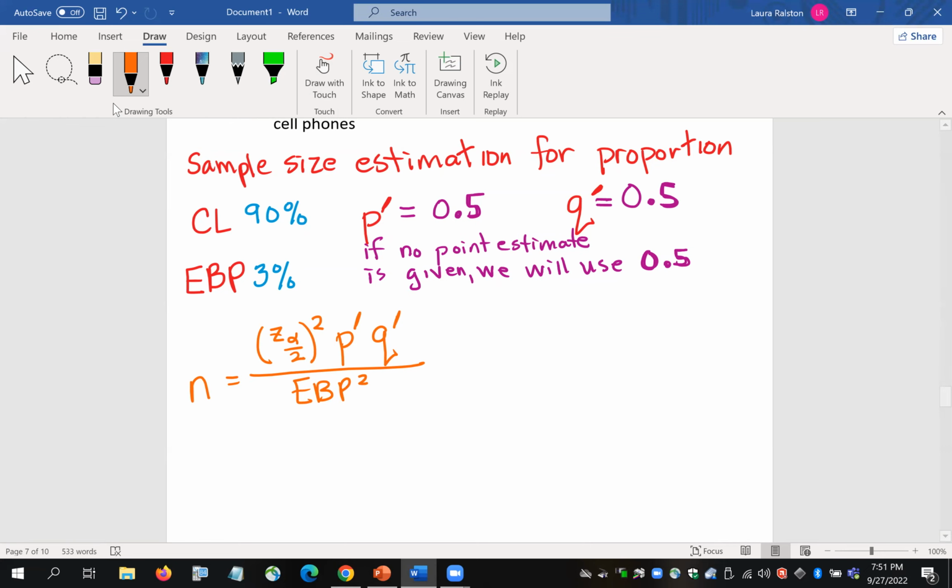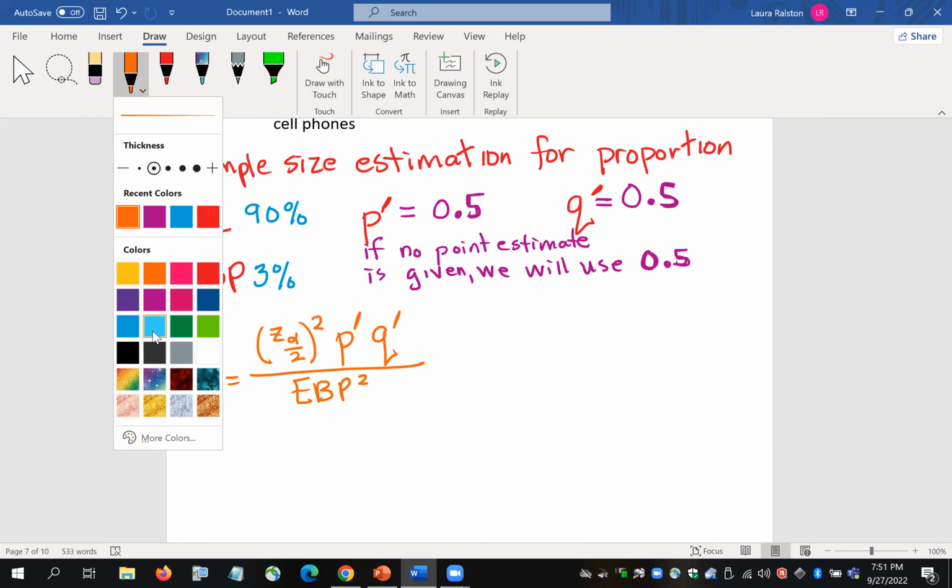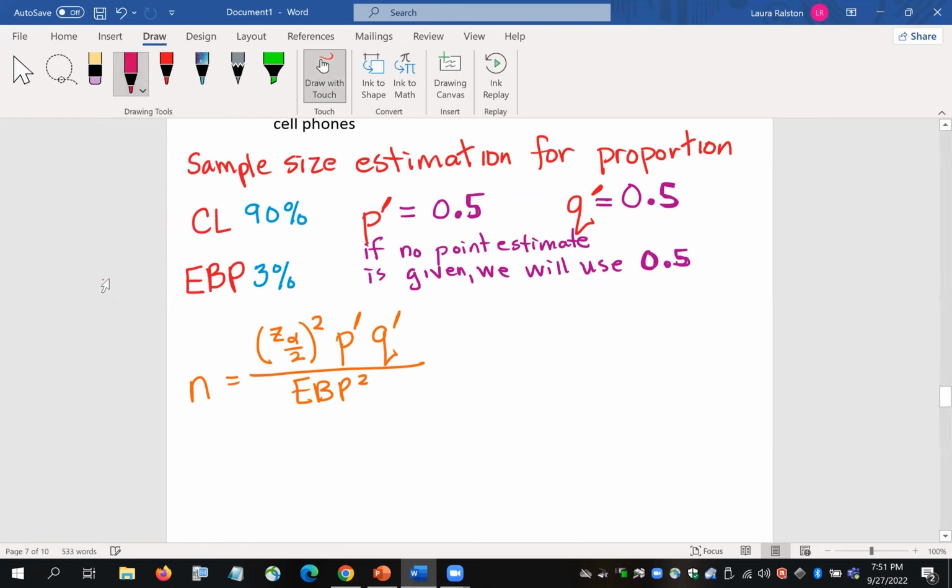A couple of things I discovered when working with this formula earlier: you want this error bound proportion as a decimal. So it's given to me as 3 percentage points, but 3% written as a decimal is 3 divided by 100, in case you forgot your math, which is 0.03.